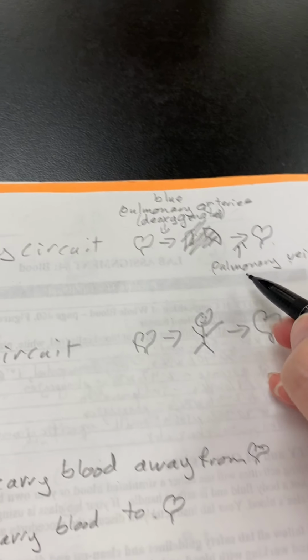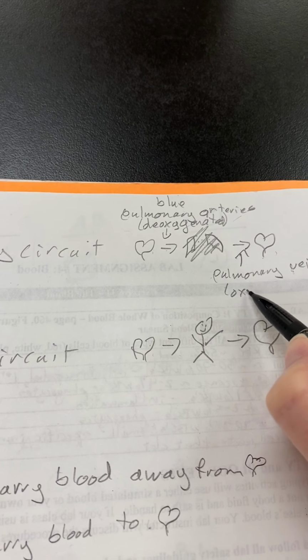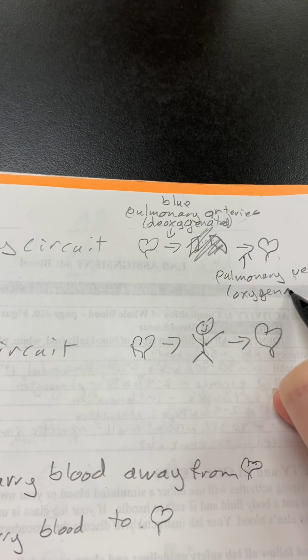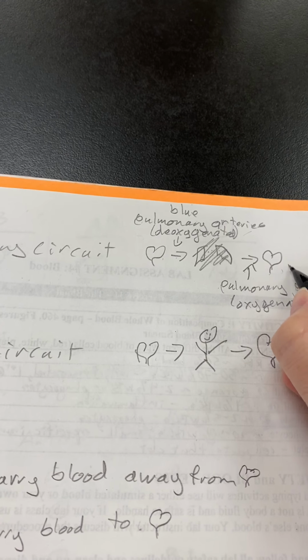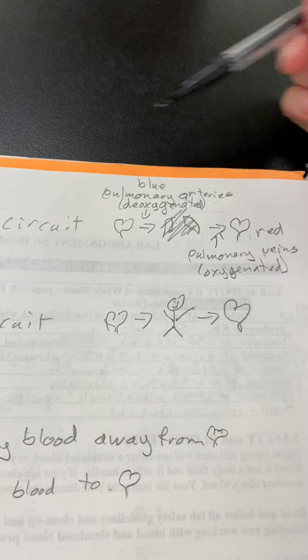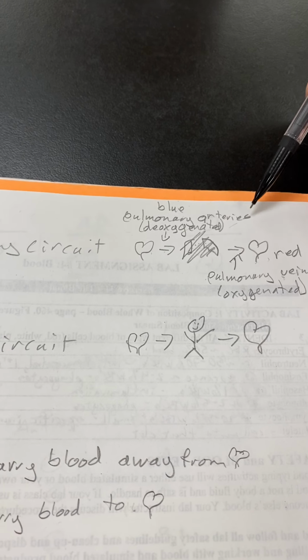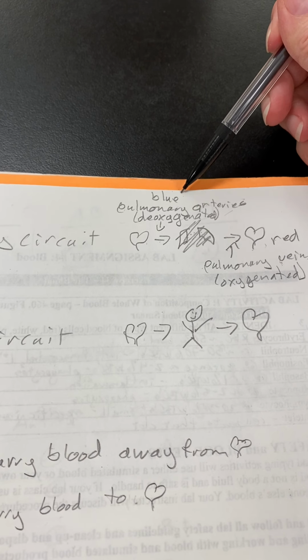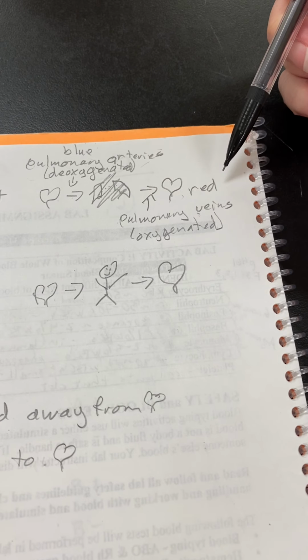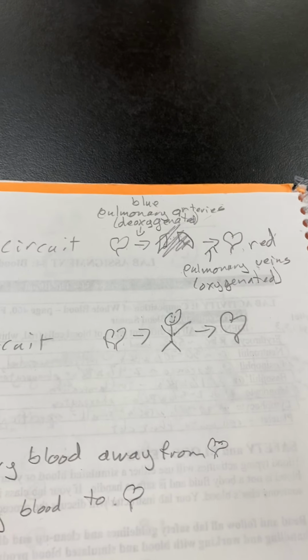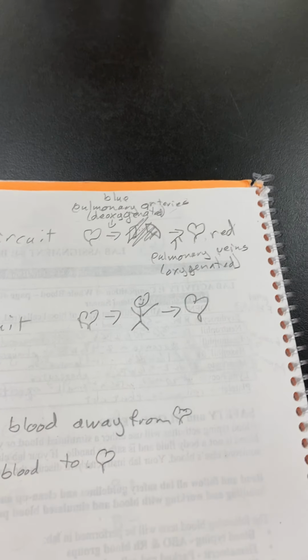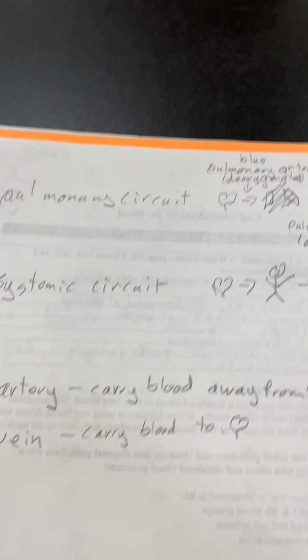So now we have oxygenated blood. And the color code for oxygenated blood is red. So pulmonary arteries are blue, and pulmonary veins are red, which is the opposite of everything you've ever been told. Unless somebody already told you that, in which case you already knew.